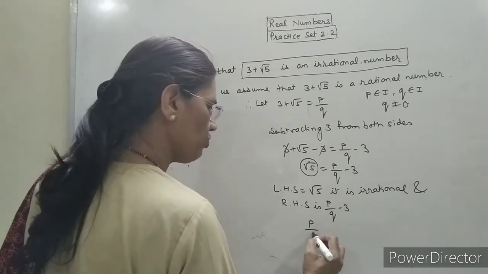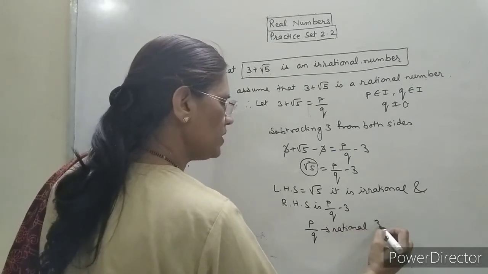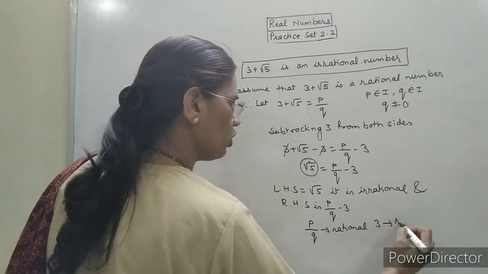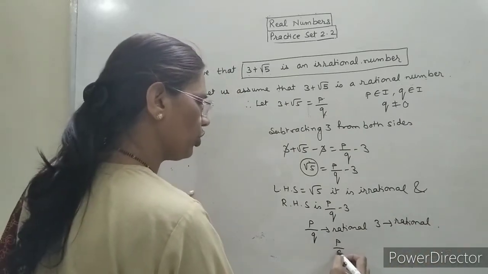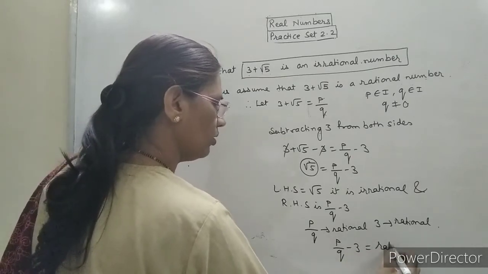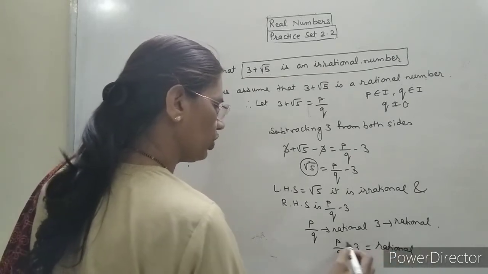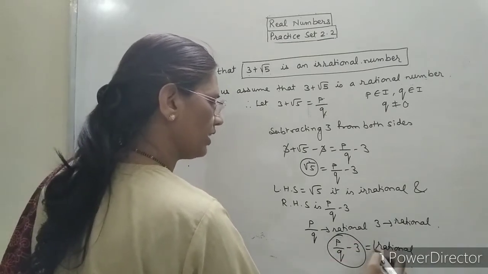Now, P upon Q is what? It is rational. And what is 3? It is also rational. And we have seen in the beginning that subtraction of two rationals is always rational. And therefore P upon Q minus 3 is also rational.